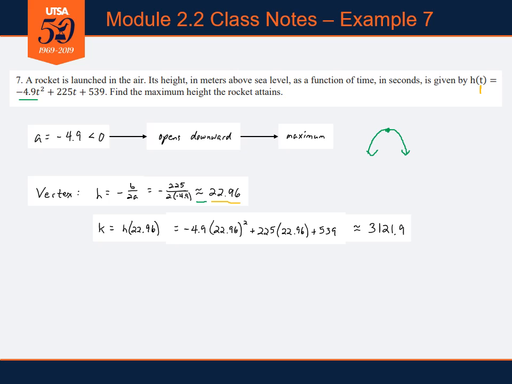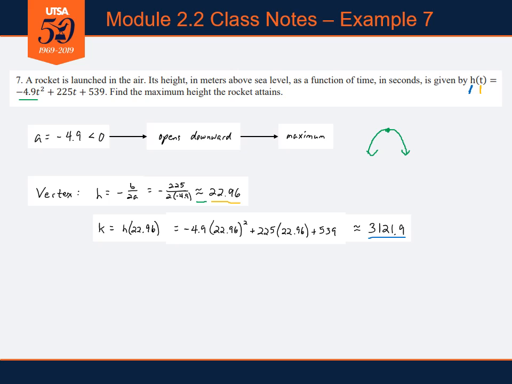And then my k value of 3121.9, that is the output. The output is the h value here, which is height in meters above sea level.